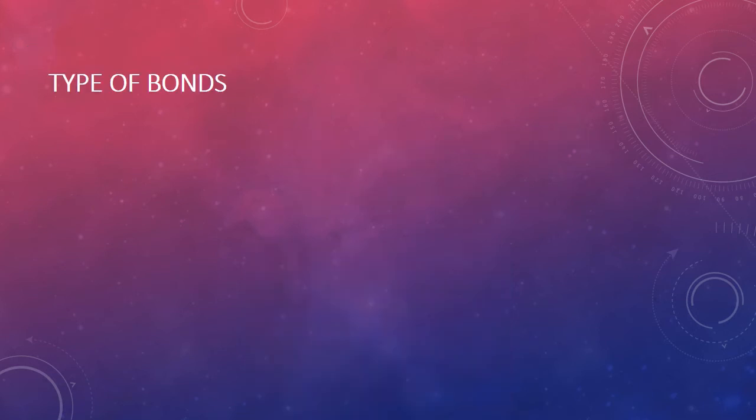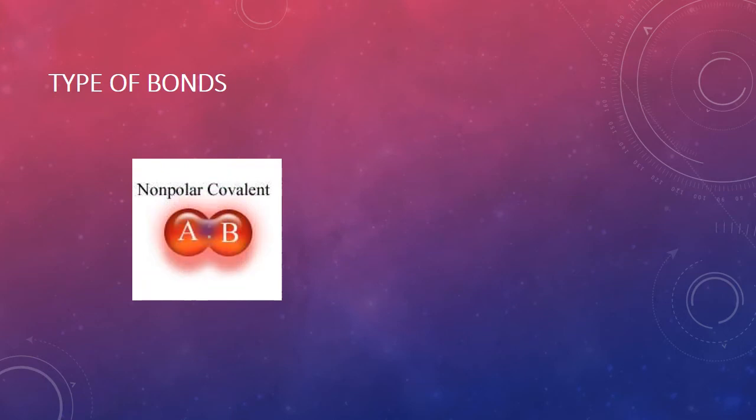This is a pretty nice visual image. Here we have non-polar covalent. These two are sharing perfectly. A and B, you can see the electron cloud is distributed evenly around both A and B. Generally the rule for non-polar covalent is, if they are the same, and mind you, this is covalent, so that would be non-metals sharing electrons.